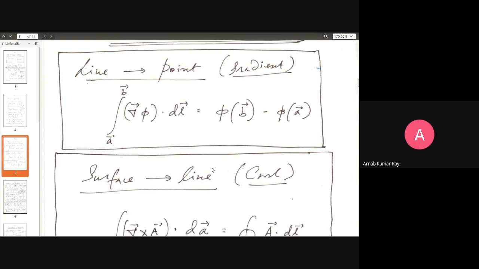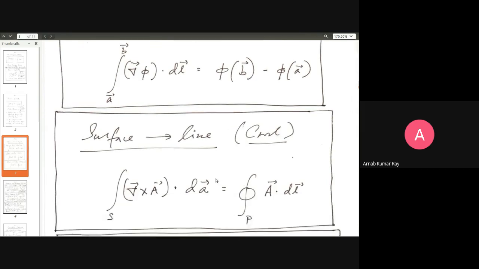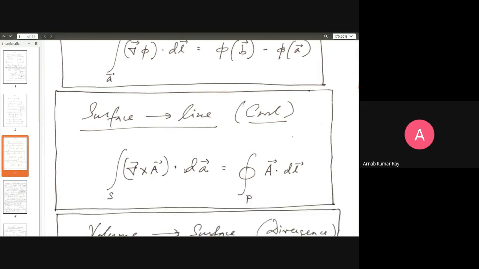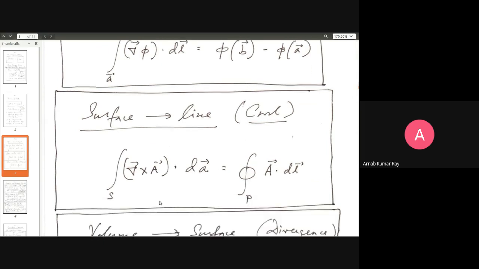Now let us look at the surface to line integral. The surface to line integral happens over the Stokes curl theorem. Curl of A dot dA, surface integral. What is a surface bounded by? A surface is bounded just as a line is bounded by 2 points. Similarly, a surface is bounded by its perimeter.